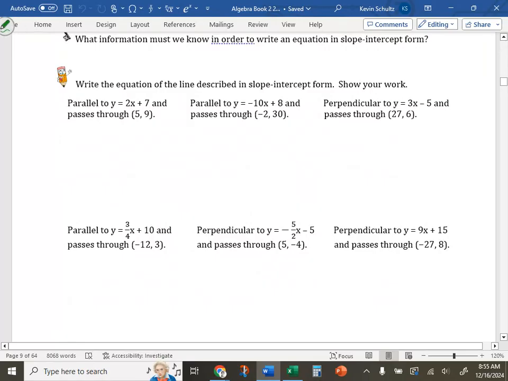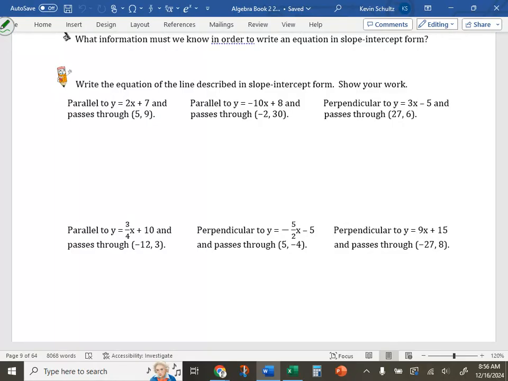The key to this is remembering, and this can go on a help sheet if you need it. What information must we know in order to write an equation in slope-intercept form? This goes back to PO24. What do we need to know to write an equation of a line in slope-intercept form?